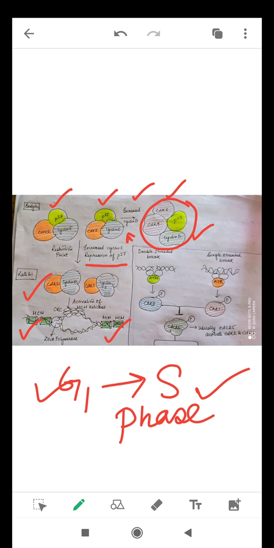In late G1, you will have more and more of your CDK2 and cyclin E, and that will activate your MCM helicase, which will unwind the DNA at the replication origin, resulting in the movement of the cell from G1 to S phase. So this is your G1 to S phase transition.